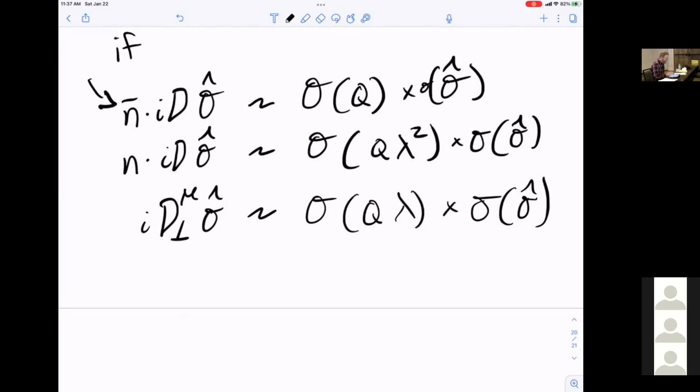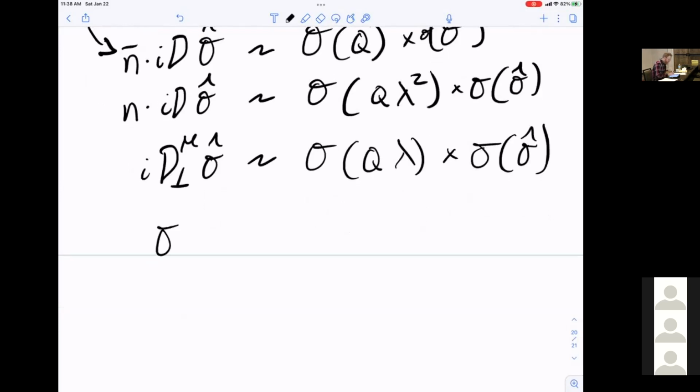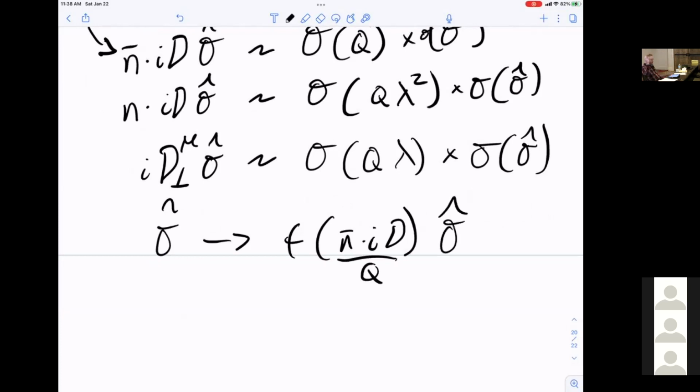In other words, I can take my operator O, I can have an arbitrary function of that particular derivative, divide by my hard scale Q, which I have lying around. And this new operator that I've written down is exactly the same order as my original operator. And so that's somewhat troubling.